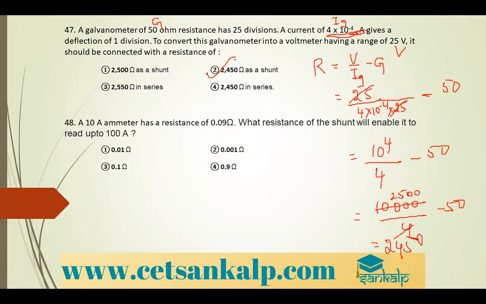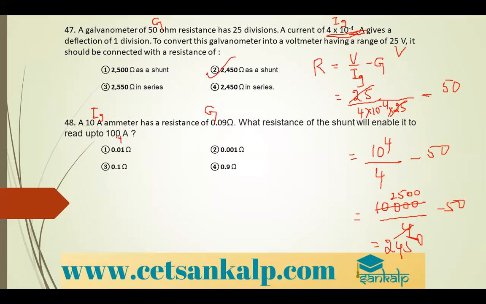Next, a 10 ampere ammeter has a resistance of 0.09, so this is Ig and this is G. What resistance of shunt will enable it to read up to 100 ampere?